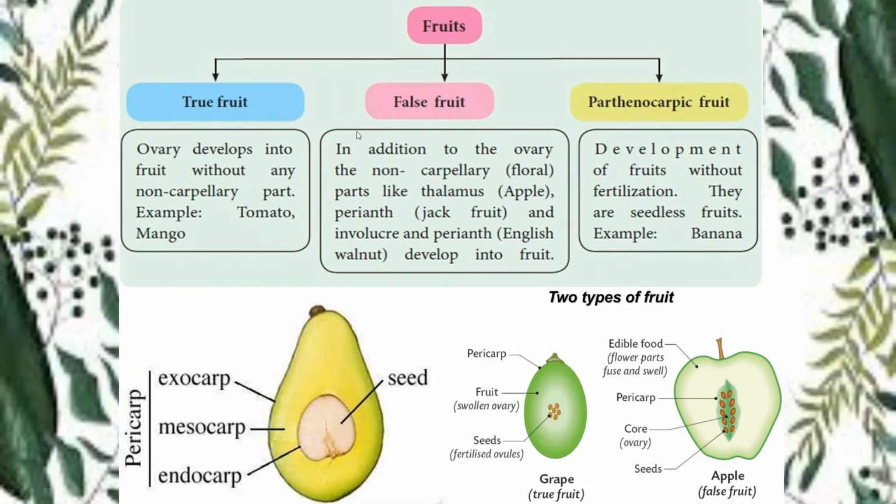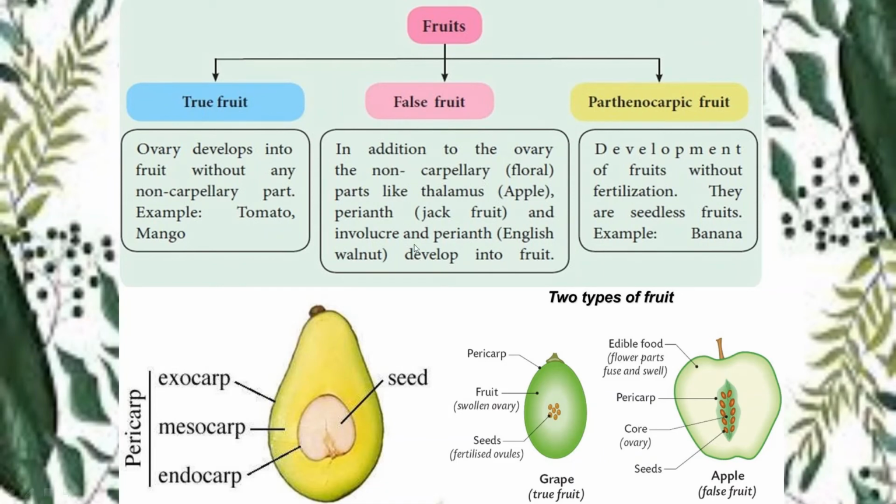False fruit: in addition to the ovary, the non-carpellary parts, that is the floral parts like thalamus or perianth, develop into fruit. In the case of walnut, the involucre and perianth also develop.